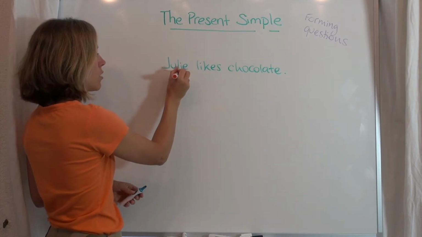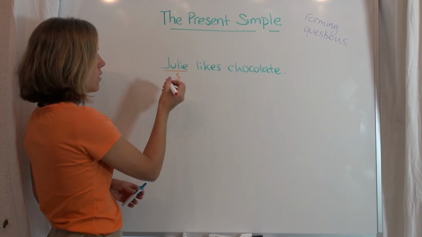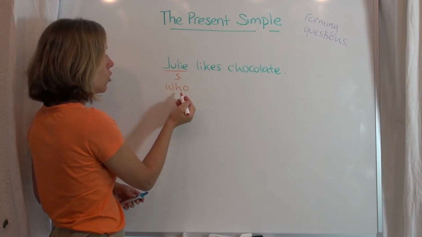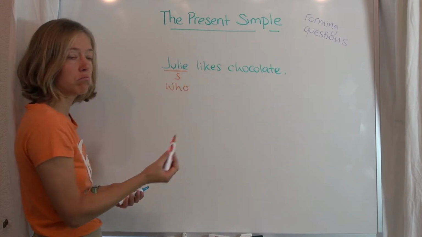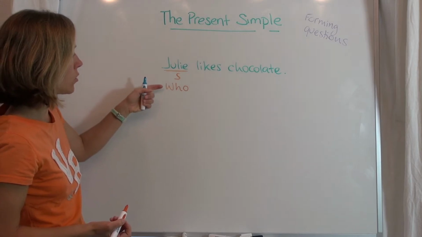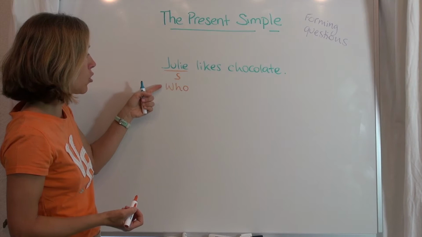So Julie is the subject and we don't have the subject. So imagine we ask the question who? Who likes chocolate? Okay, so Julie étant une personne, on veut savoir qui aime le chocolat. Donc on remplace Julie par who.